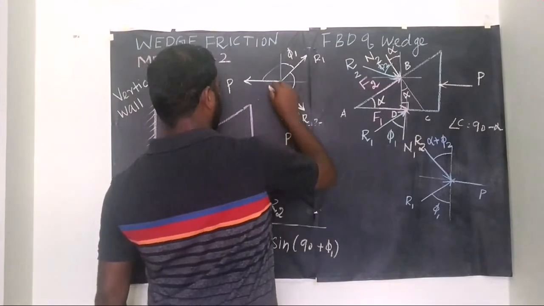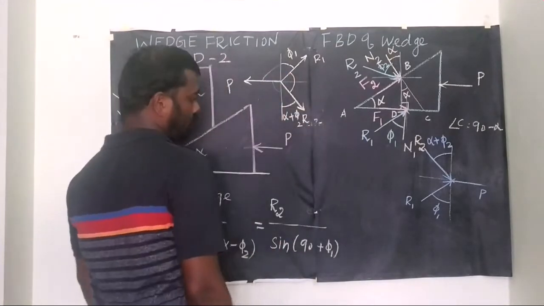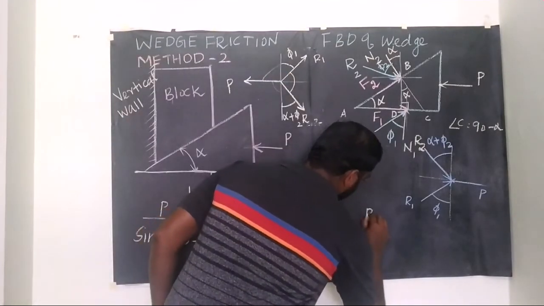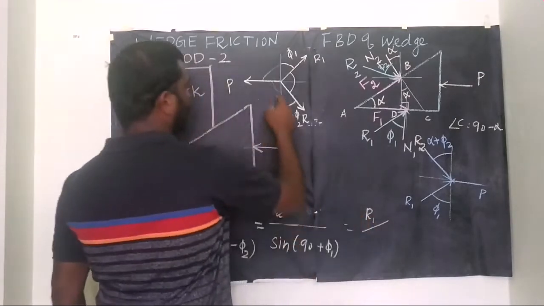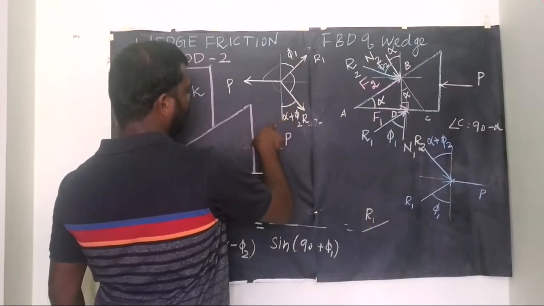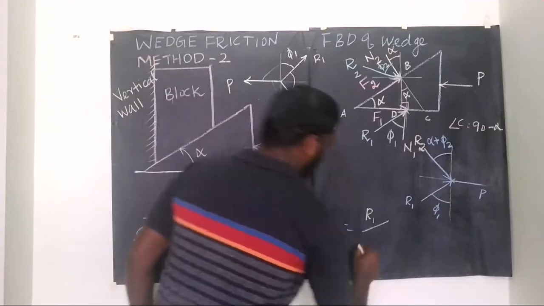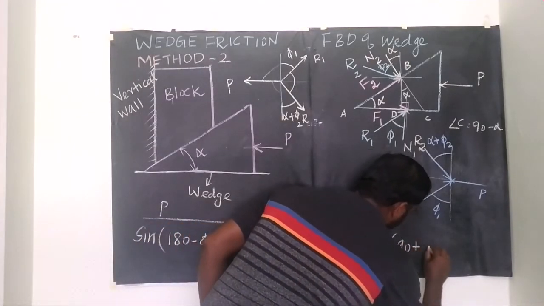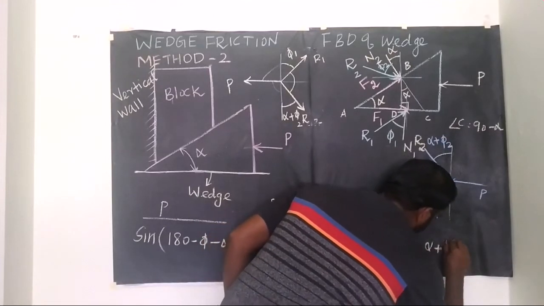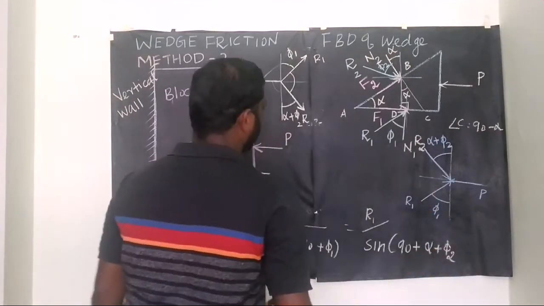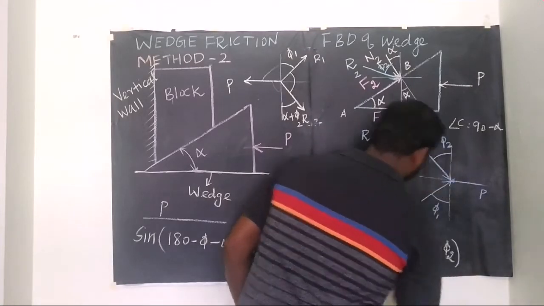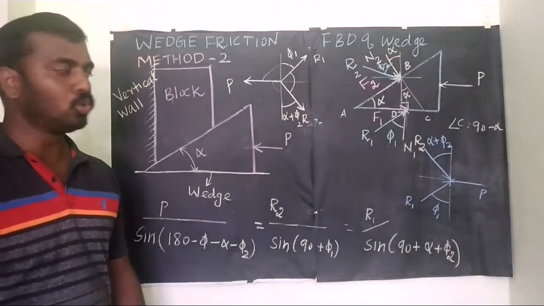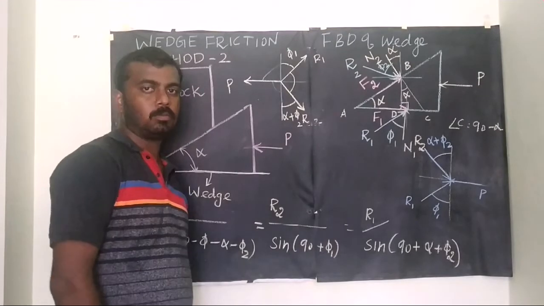Its opposite angle is this one. R1 by sine of 90 plus alpha plus pi 2. Based on this equation we will get the unknown values in these problems.